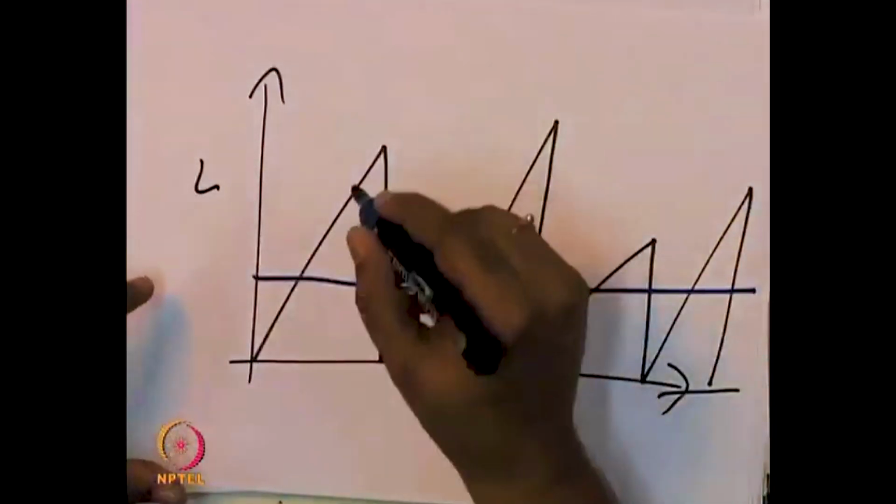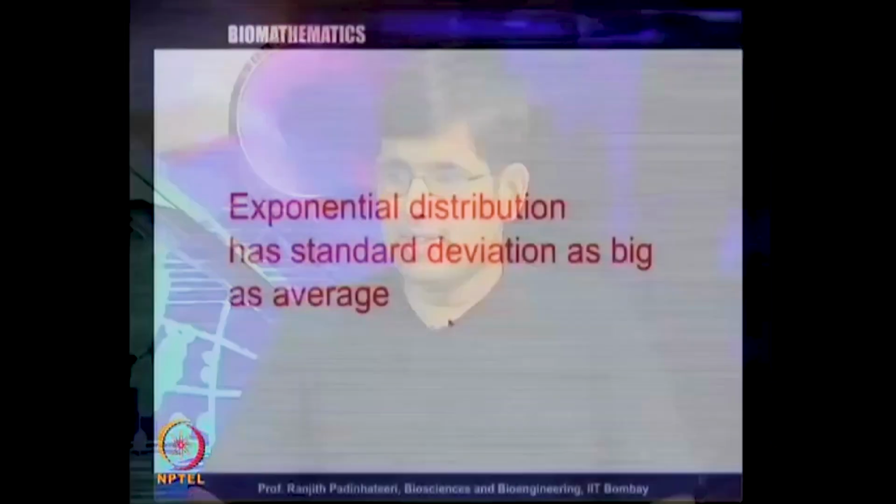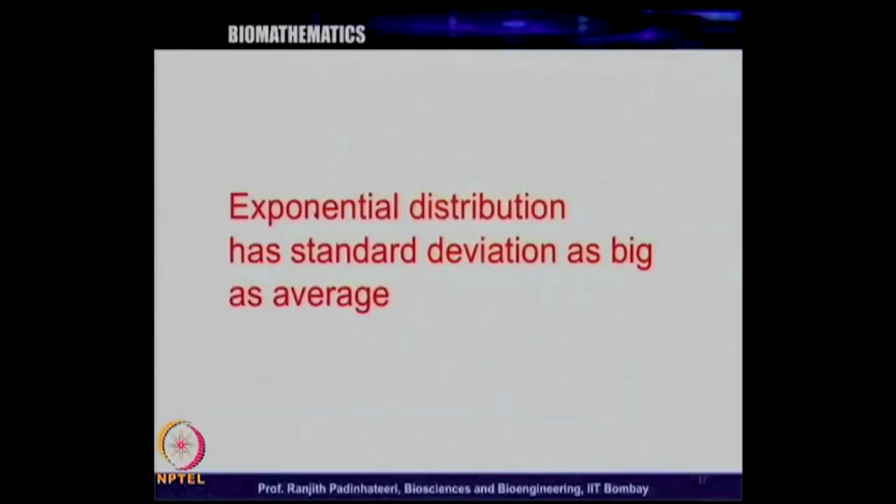So the standard deviation is as big as the average. This is one thing to remember: the exponential distribution has a standard deviation as big as the average. So dynamic instability has this property that the length deviation is as big as the average itself.